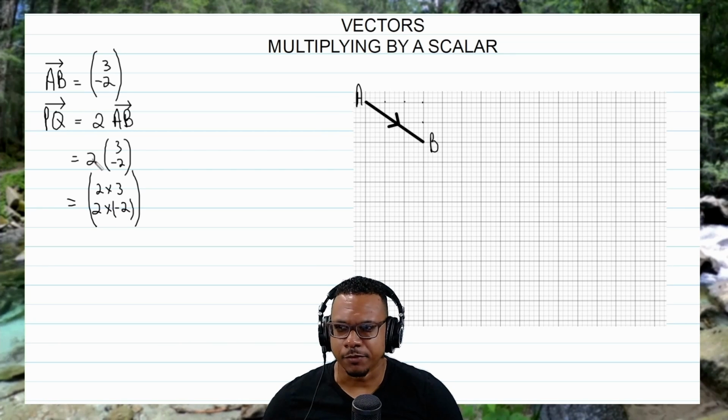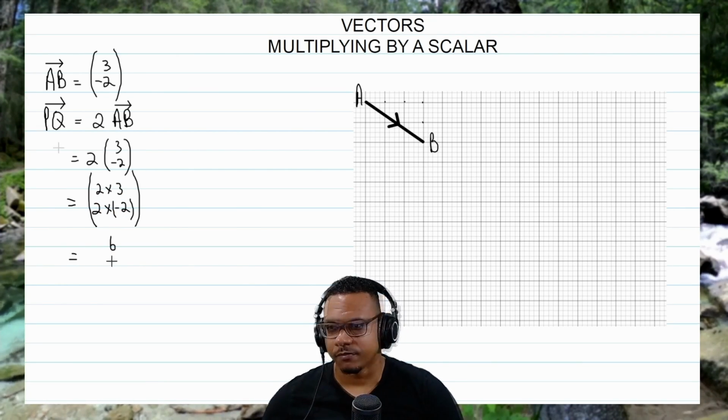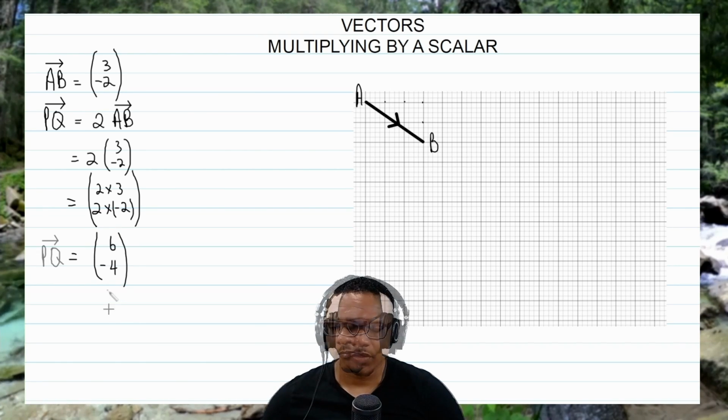So basically I multiply this 2 by this 3 to get 6, and this 2 by this negative 2 to get negative 4. So 2 3s are 6, and 2 by negative 2 is negative 4. So I'll have my vector PQ being equal to the column matrix 6, negative 4.